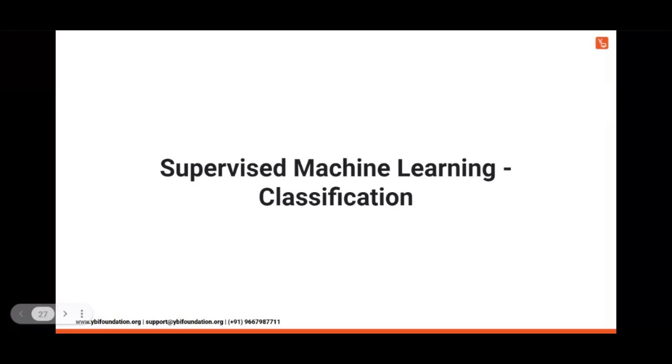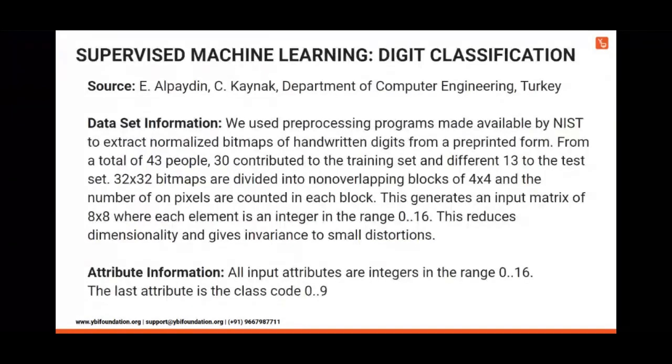So how can we do the classification? It is a digit classification, with handwritten digits from 0 to 9. If we are able to identify the digits, then we will be able to identify any number, because any mathematical number is made up of only these 10 digits, 0 to 9.